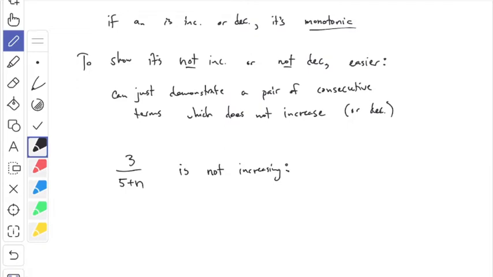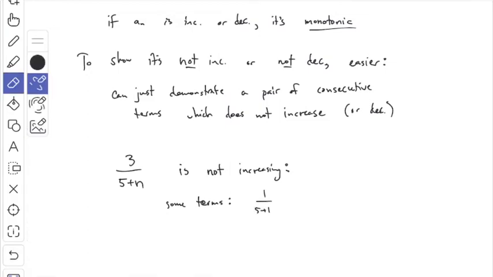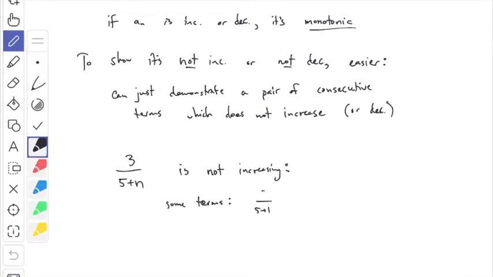How can we show it's not increasing? Let's just write a few terms here. I'm just going to plug in values of n. 3 over 5 plus 1 is the first term. 3 over 5 plus 2 is the second term. 3 over 5 plus 3, etc., right?